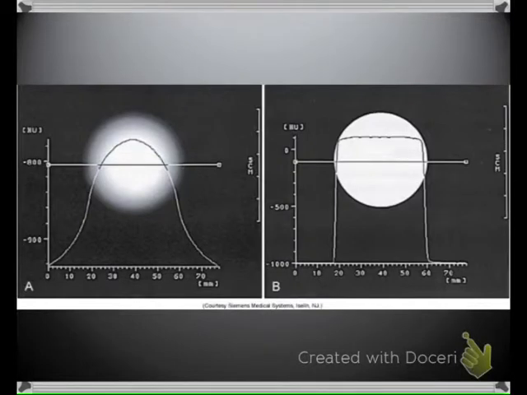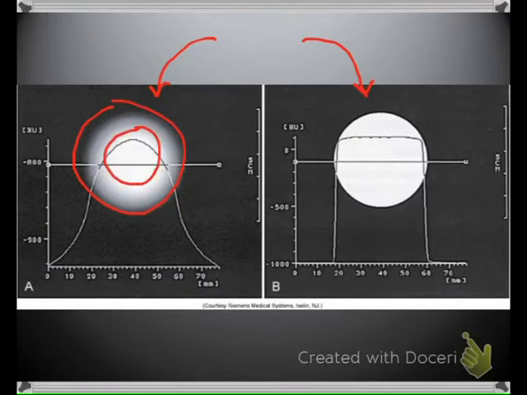So here's an idea of what the filtering process actually does. Here you have one image without a filter and the other image with a filter. As you can see, the one without the filter has a very hazy appearance. You do see the inside of the circle, but you don't really see a clear definition. If you apply the filter, then you get a uniform density all across.